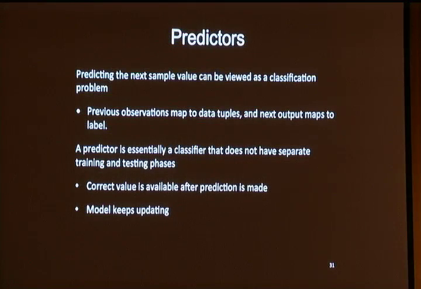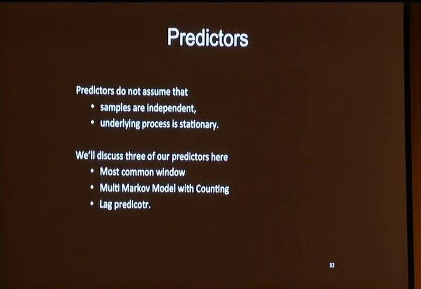And here we do not have a separate training and testing phase, because when we get the correct value, we update. We have the time to update our model too. The good thing about predictions is that they do not assume that the samples are independent. Another assumption that we do not have to make is that the underlying process is stationary. This is one of the advantages of using predictors.